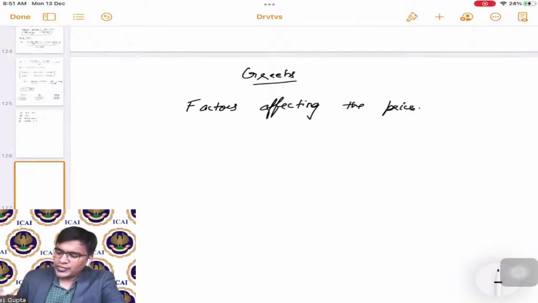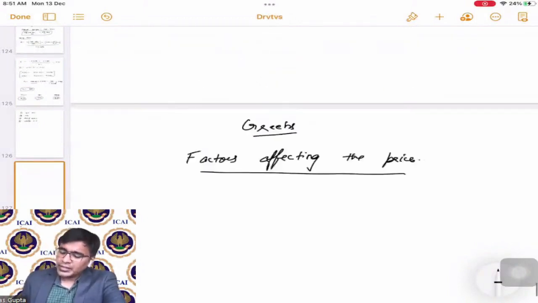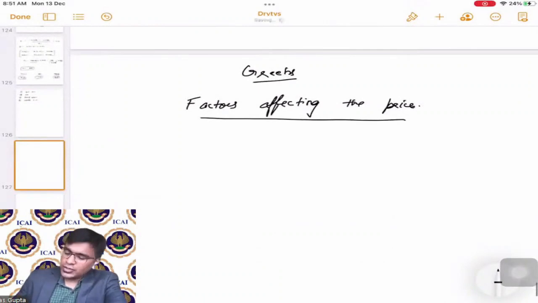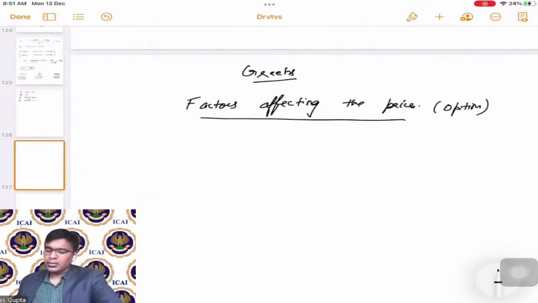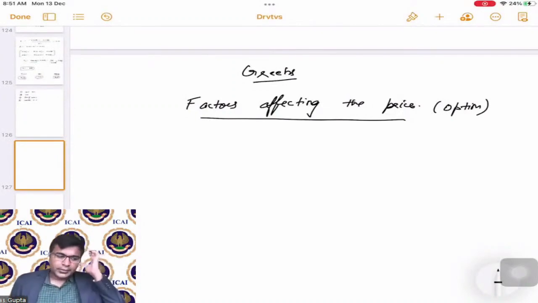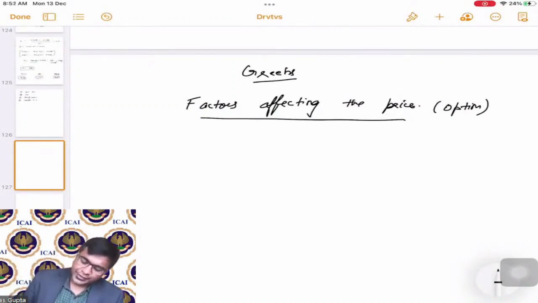Now, what are those factors affecting the prices? Just now we have seen there are these four factors that affect the prices. And the prices of what? We are talking about options. Now, the first Greek that we have to study is delta.